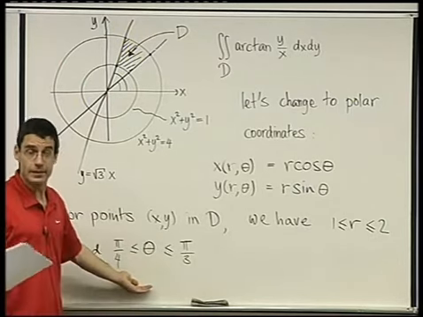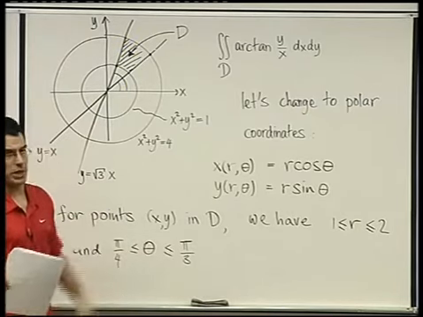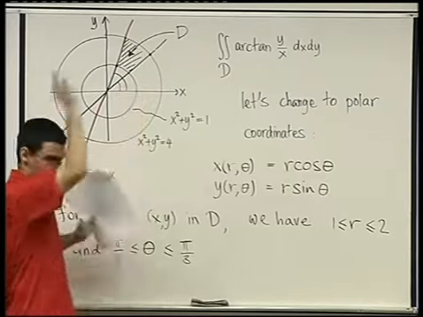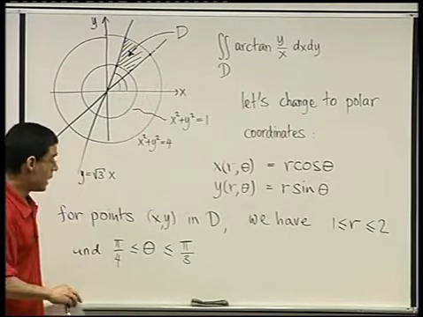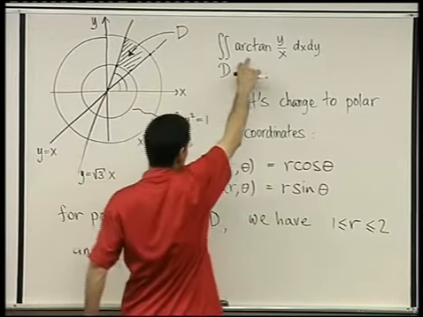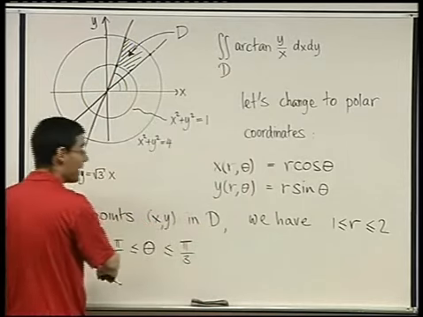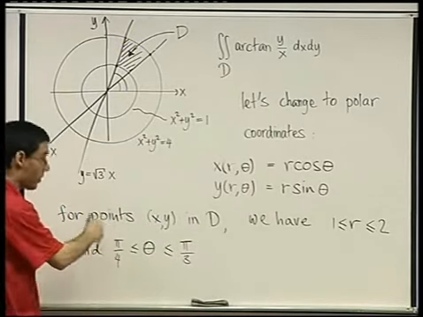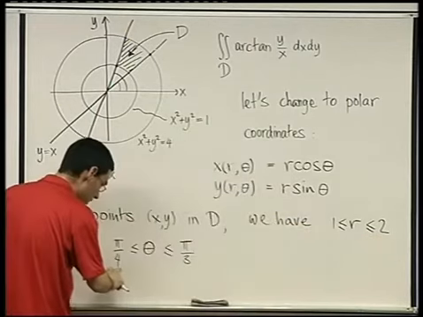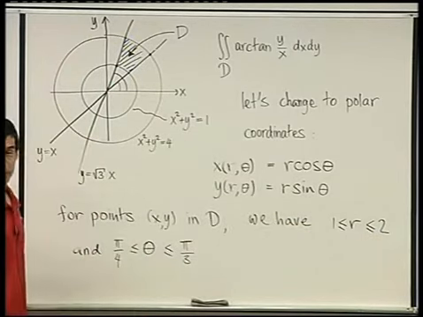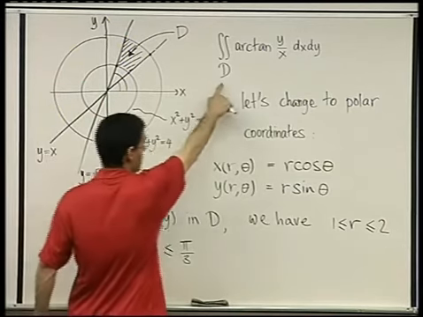Do you agree? It's easy, right? It's a very simple domain. You can do it in whatever order you like. There are no functions sitting up there and down there in the snakes. Very easy, okay? So this double integral is going to change to a double integral over a domain E in the r theta plane, which is the rectangle r between 1 and 2 and theta between these two bounds. Clear? Okay, good.